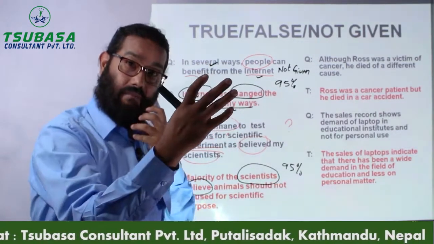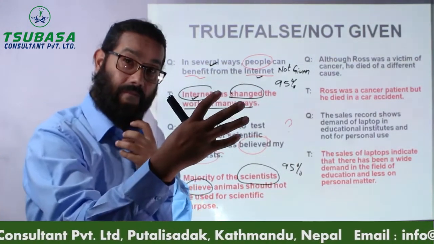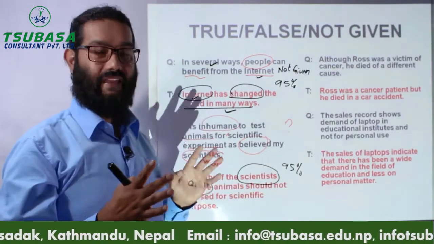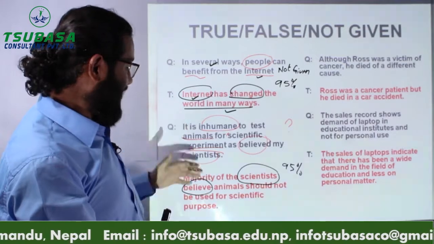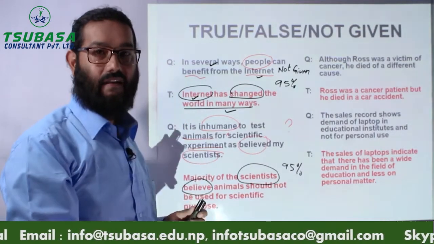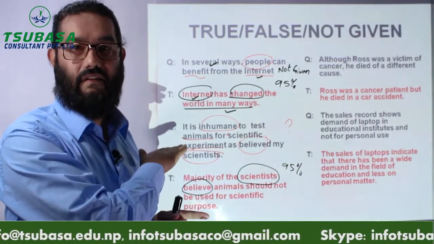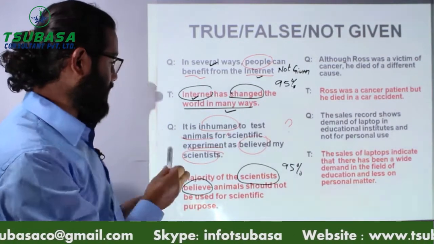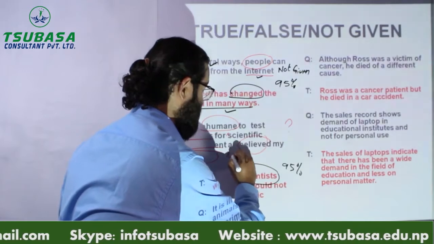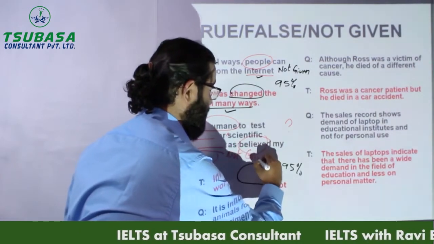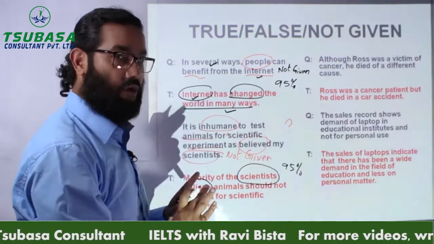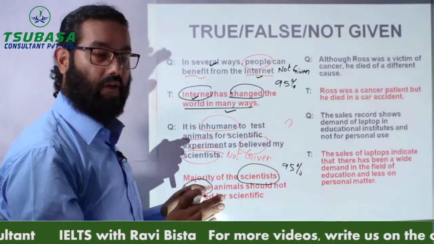That's an opinion. But here it does not give any opinion. So the question says something that the passage does not have information about. So again, what is this condition? Not given. Because it nowhere tells that it is human or inhuman. It does not give an opinion.